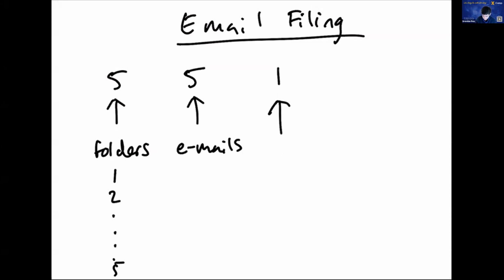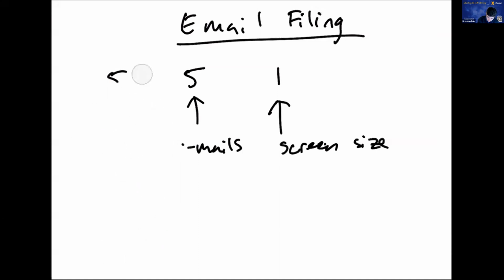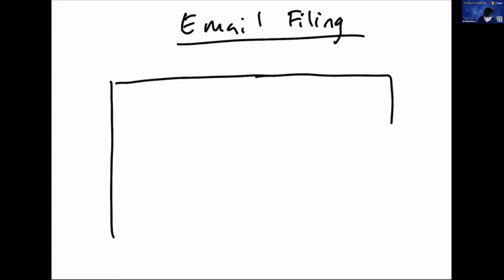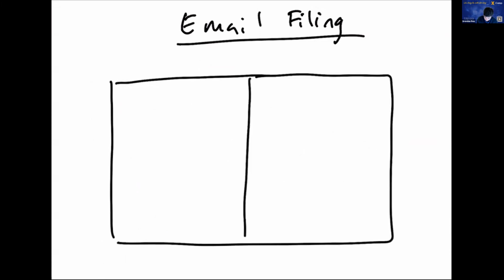I'll call it screen size. So screen size will help us to understand how much of the screen we can see at one point in time. Okay. So given those numbers 5, 5, and 1, and then our next line of input is, why don't I draw the screen here, and I have my two different ones. Remember, in my folders, I'll have 1, 2, 3, 4, and 5.